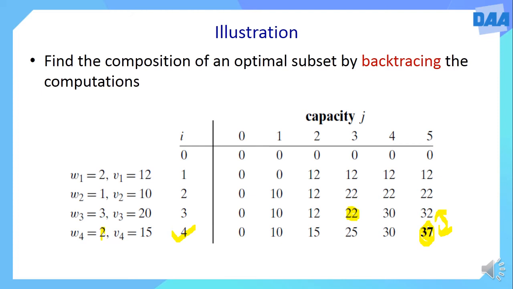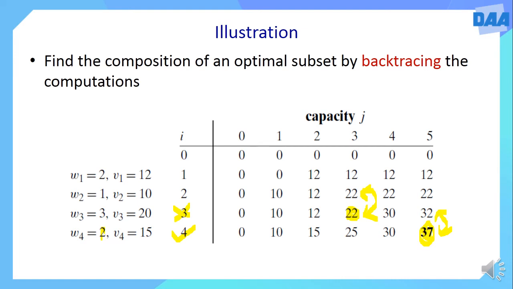Assume you removed the fourth item from the optimal solution, so weight is reduced by 2, i is reduced by 1. Now see whether the third item is included in the knapsack. Just compare its value with the previous value, 22 and 22. Comparing, we can observe that the third item is not a part of the knapsack.